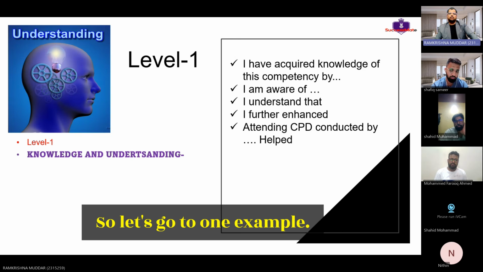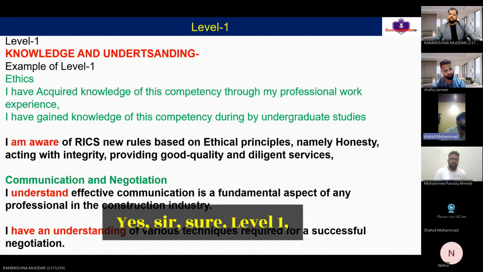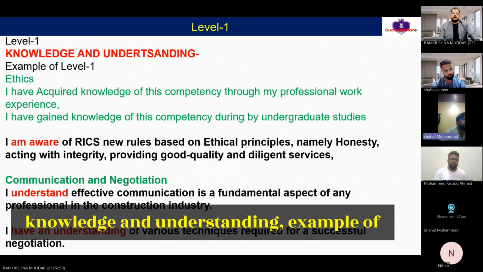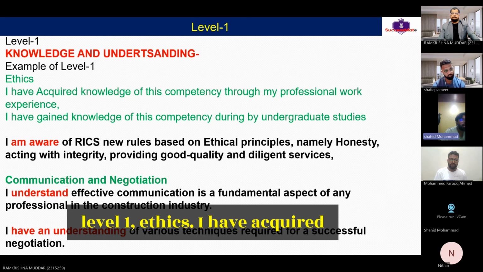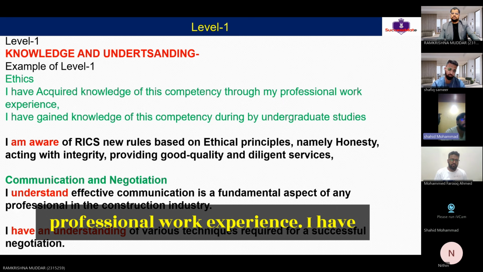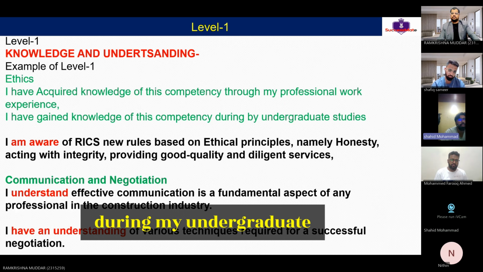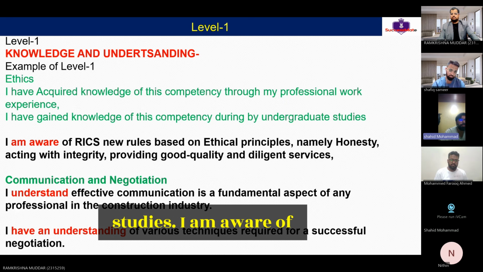So let's go to one example. Mr. Shahid, can you read this? Level 1, knowledge and understanding. Example of level 1, ethics. I have acquired knowledge of this competency through my professional work experience. I have gained knowledge of this competency during my undergraduate studies.